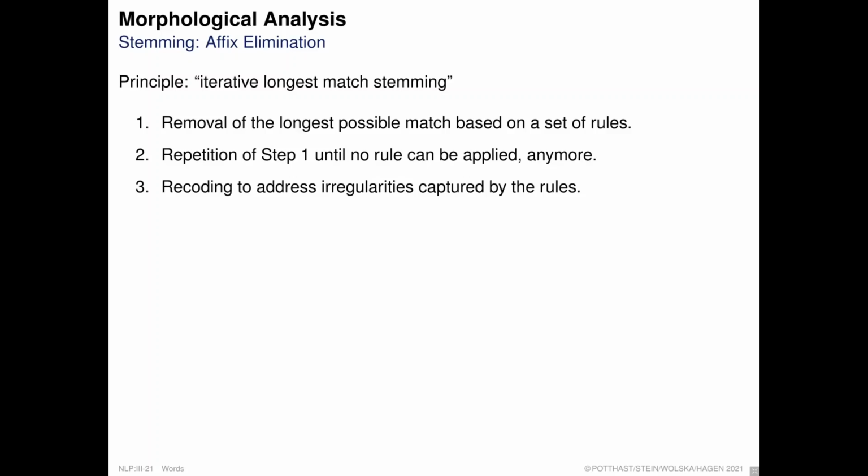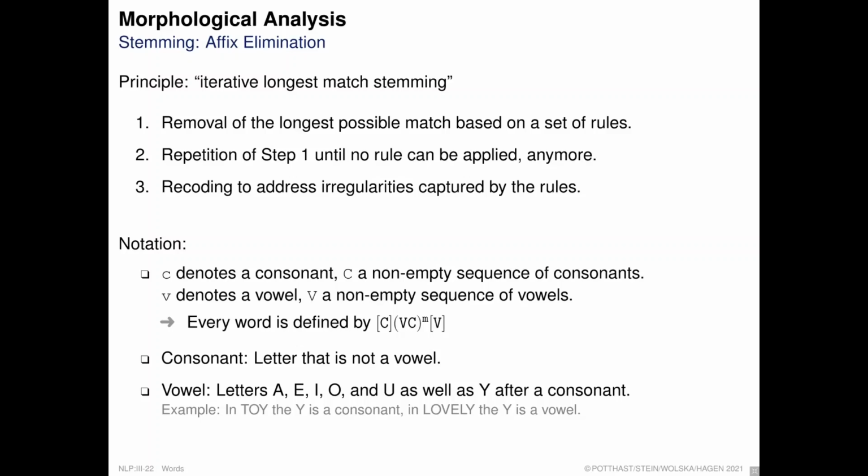This process, of course, proceeds in multiple repetitions. You try all the rules until no further rule can be applied. The intuition is rather simple. This method works in many cases, but not in all. It doesn't work, of course, in a lot of irregular inflections or in irregular derivations, but it's a robust method.